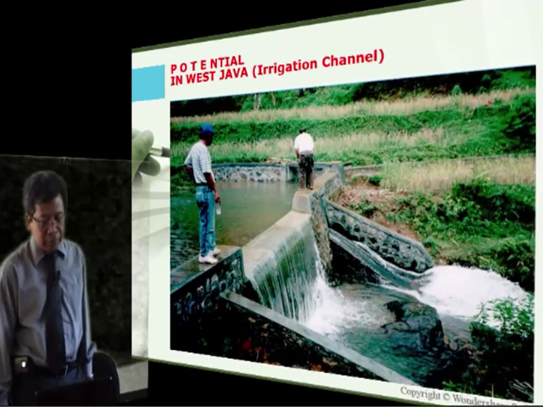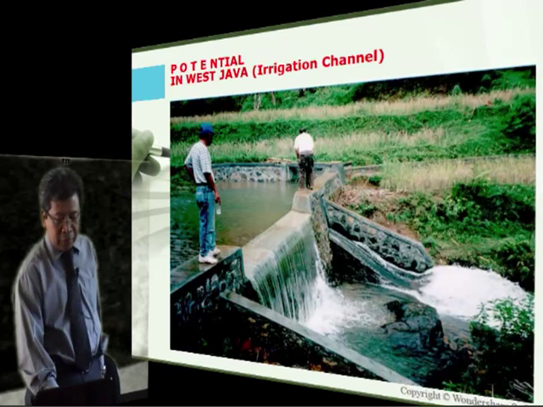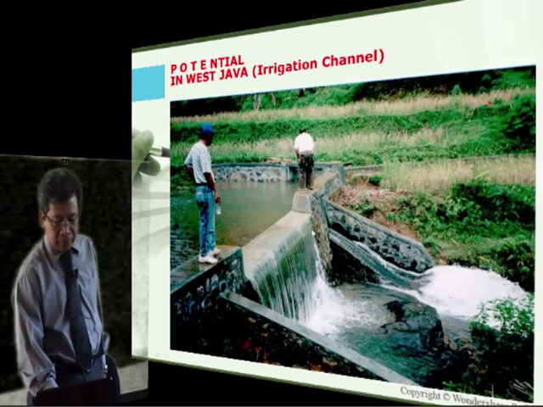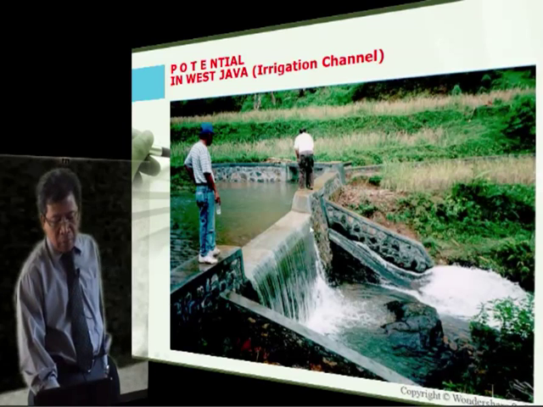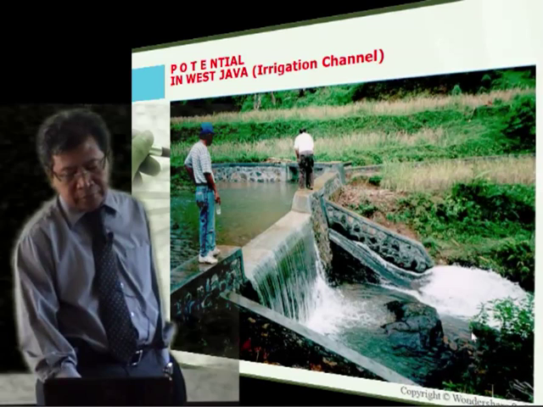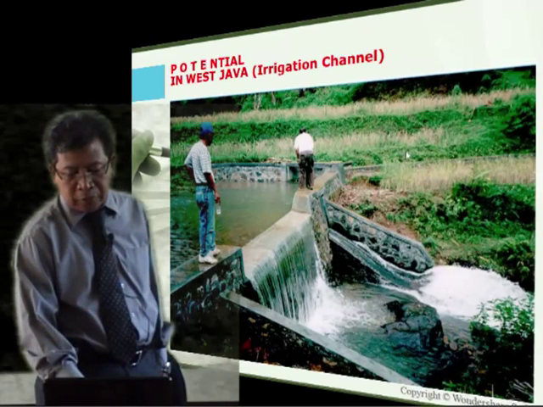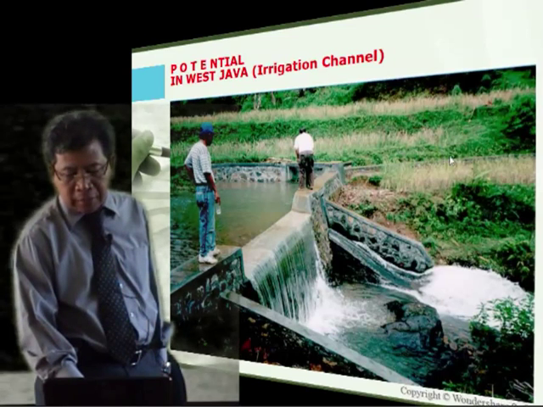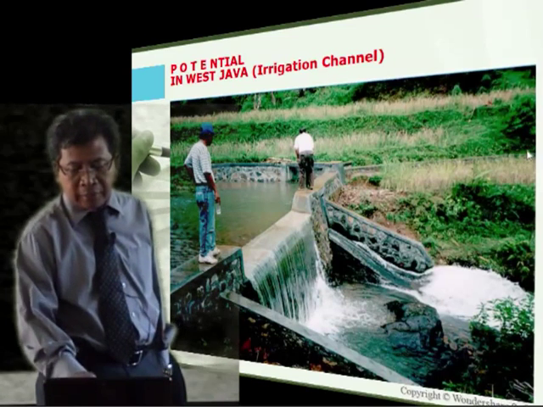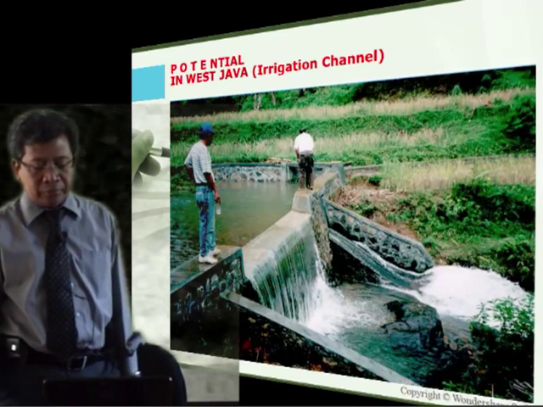This is also a potential in an irrigation channel. You see here the drop, the waterfall is about 1 meter, or until here can be 2 meters. Then you can have water here. You can close the water, let the water flow there, and in a certain place you can produce electricity.